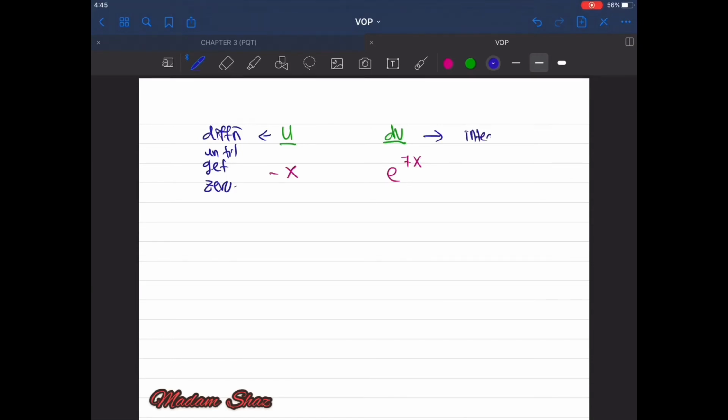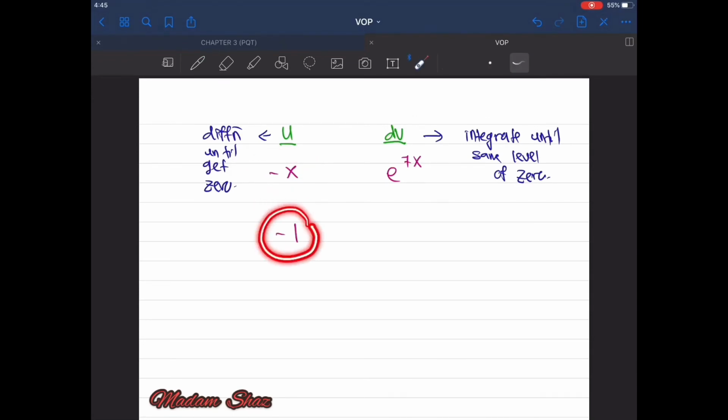dv you have to integrate until the same level of 0. So differentiate negative x will become negative 1. Differentiate negative 1 will become 0. Then we stop.